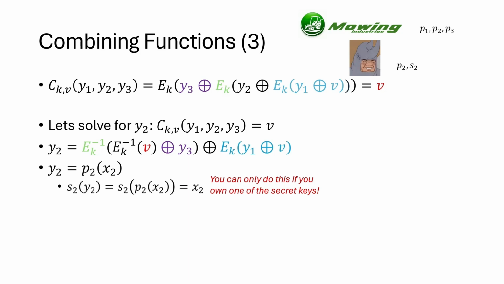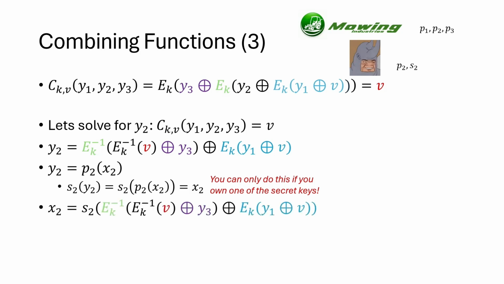And the thing is that if you actually own the secret key corresponding to p2, you can change y2 to whatever value you want it to be. So in this case, I can simply apply the inverse of p2, which is s2, onto x2, and I just need to force x2 to be that value.